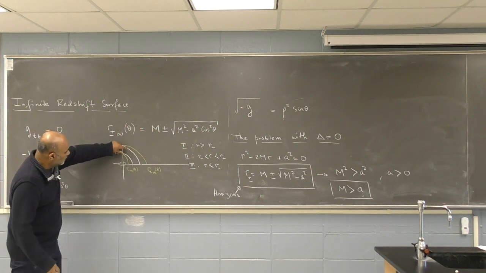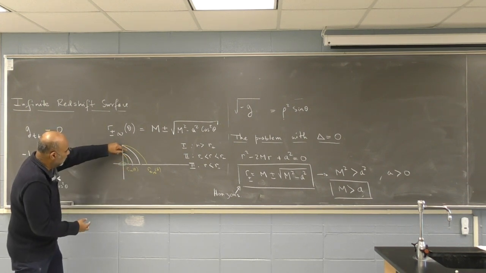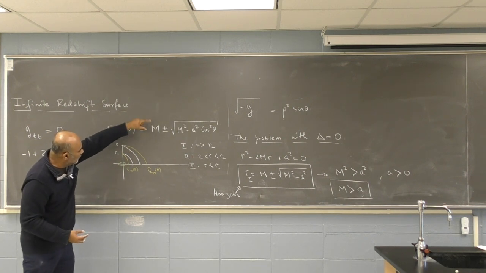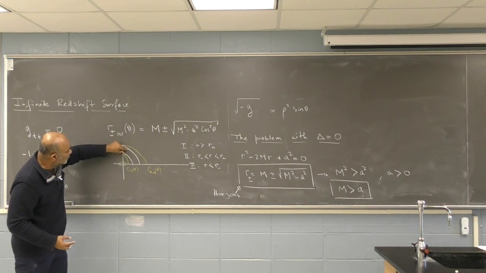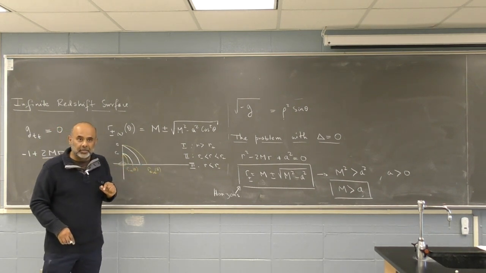Outside of these curved white lines, which are in fact topological spheres, the exterior region is block 1. Between the two horizons, you get block 2. And inside, you get block 3.